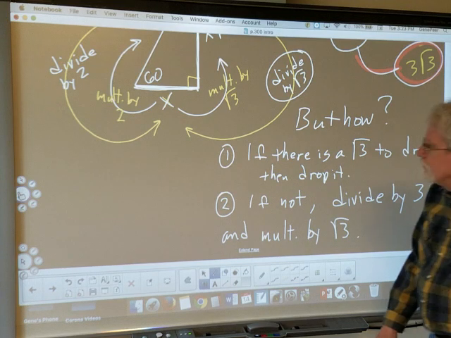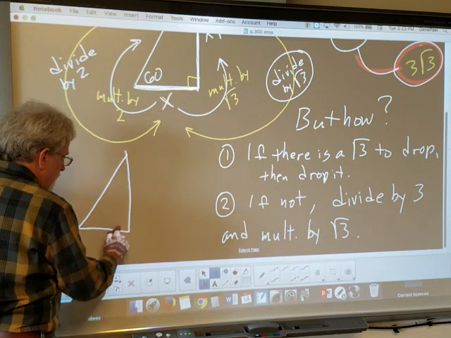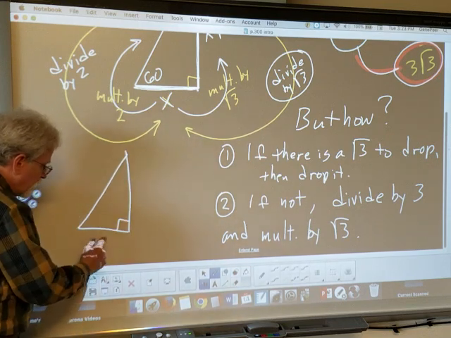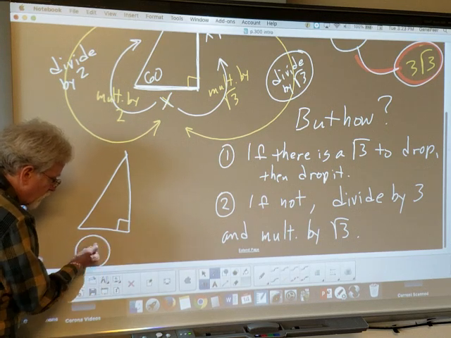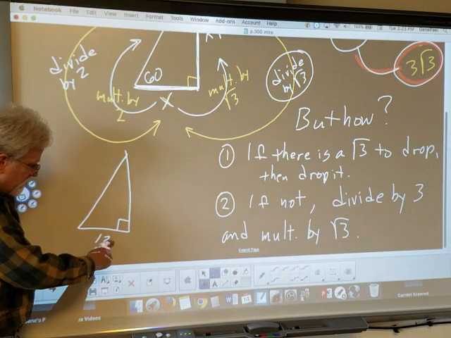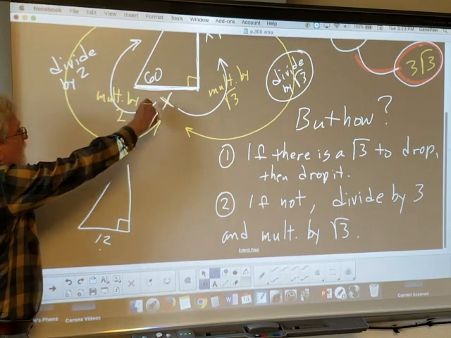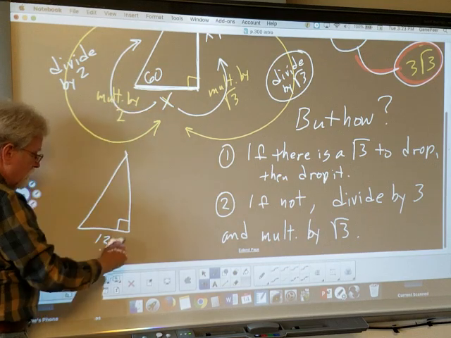How about an example? Shall I simply do a new example right here? Okay. Let's make it a nice easy one to work with. Suppose this is 12. Then the hypotenuse, what's the rule? From short leg to hypotenuse, multiply by 2.